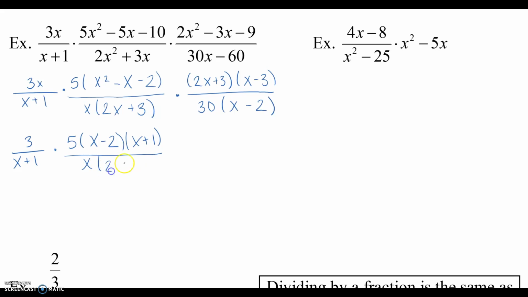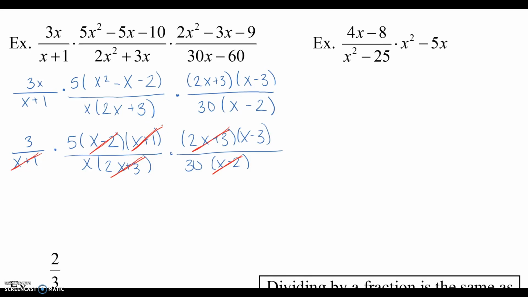Stays x times 2x plus 3, and we already factored this completely, which is nice. Alright, now we can cancel. So 2x plus 3 will cancel with 2x plus 3, x minus 2, x minus 2, x plus 1, x plus 1. And then we've got a 5 here, so that can become a 1 because 30 divided by 5 is 6.